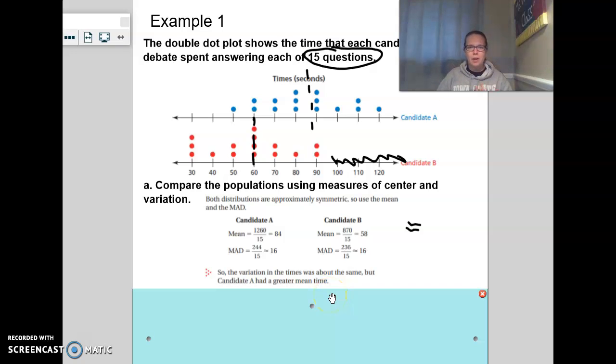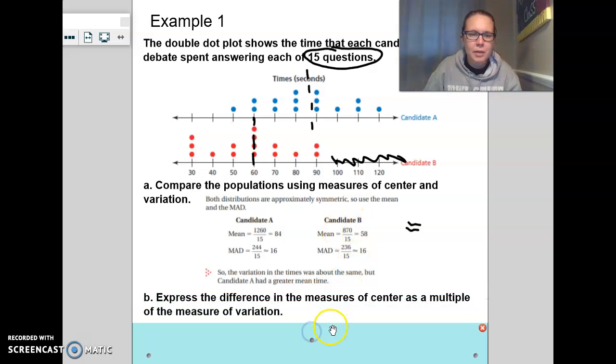So I would say that candidate A tends to take longer to answer their questions. Now, I don't know if that's a good thing or a bad thing, because sometimes people just continue to talk and talk and don't really get anywhere, or sometimes people are a little more direct and can get their message across in a shorter amount of time.